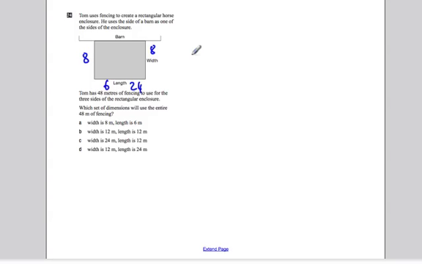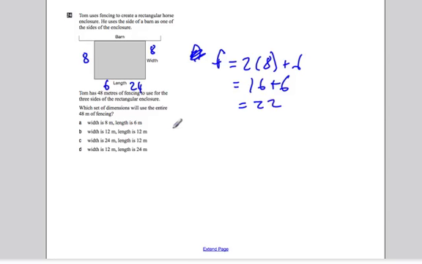So the amount of fencing, I'll put down F for amount of fencing, is equal to 2 times 8 plus 6, which is equal to 16 plus 6, which is equal to 22. Next one, and that only uses 22 meters of fencing, so that is not the right answer.